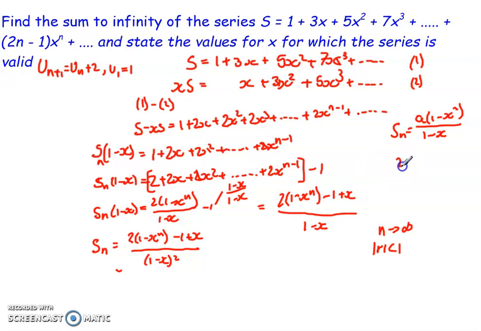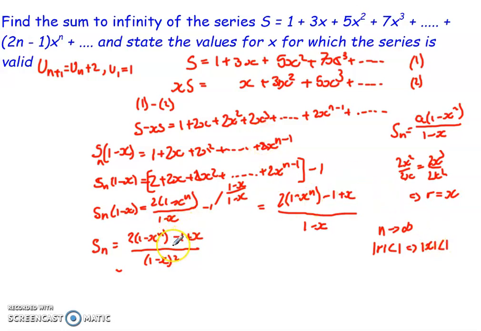So for example, I'll maybe take 2x squared divided by 2x, or I'll take 2x cubed and divide it by 2x squared. Bottom line is that my common ratio r is equal to x. So for this to exist, I know that the magnitude of x has to be less than 1.